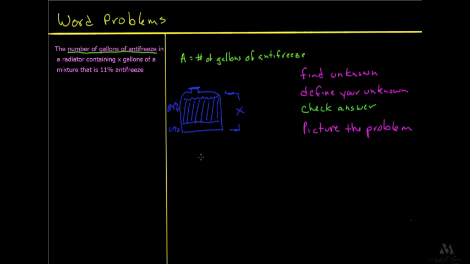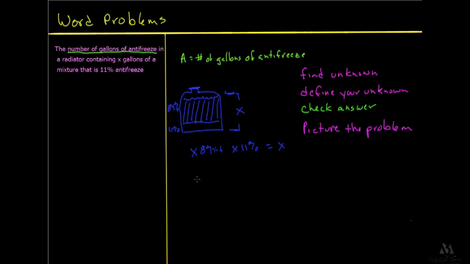All right. So if I take X times my water plus X times my antifreeze, 11%, this is going to equal the total amount. Now what we are looking for is just the amount of antifreeze, right? The number of gallons of antifreeze.